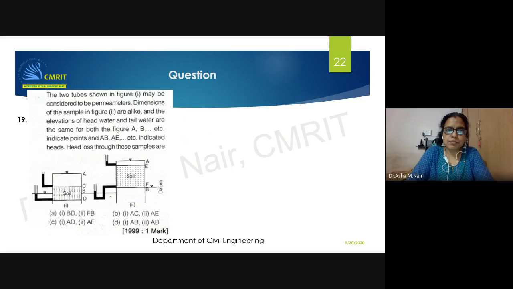Dimensions of the sample in the figure are alike, and the elevations of head water and tail water are the same for both figure A and B. Though the size appears slightly different, it is the same. They are asking you to find the head loss through these samples.